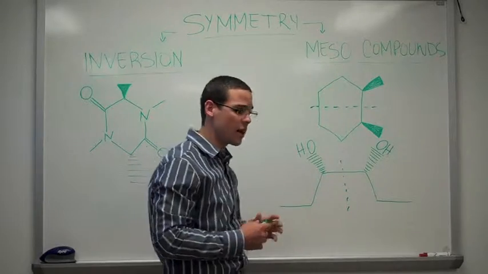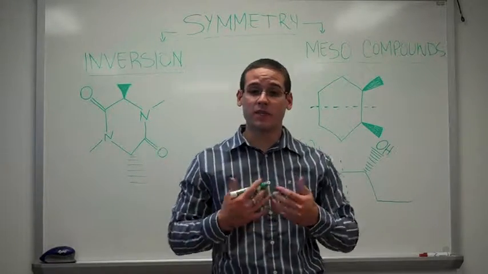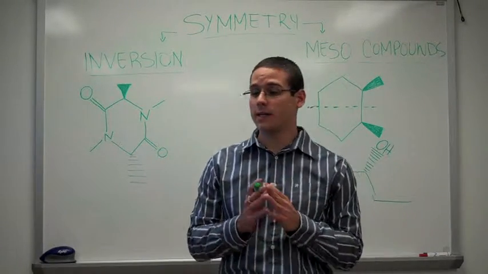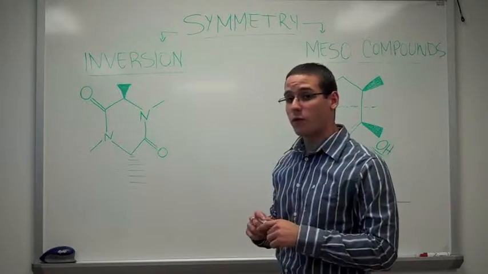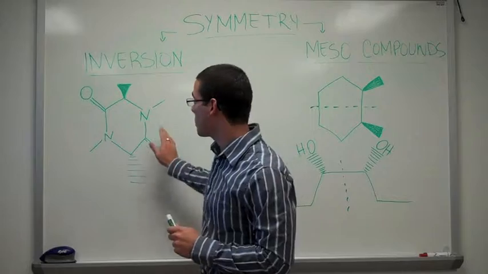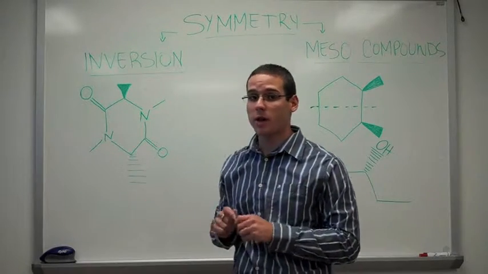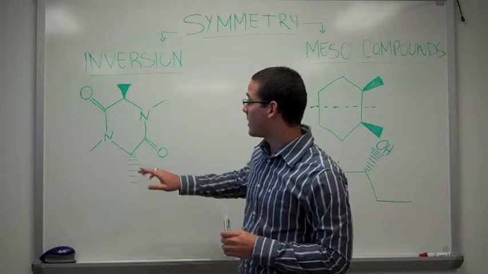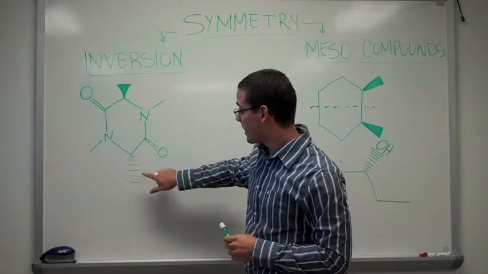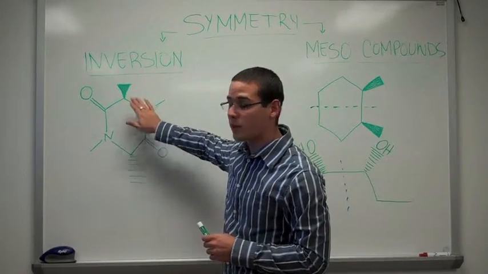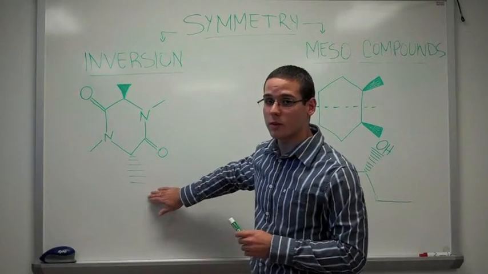Now, I'm going to explain one more type of symmetry. If we focus on every single point of a molecule, for example this molecule, we see that the top methyl group reflects the bottom methyl group.